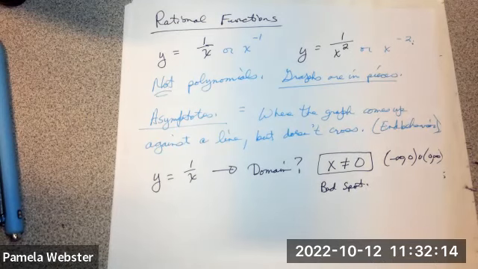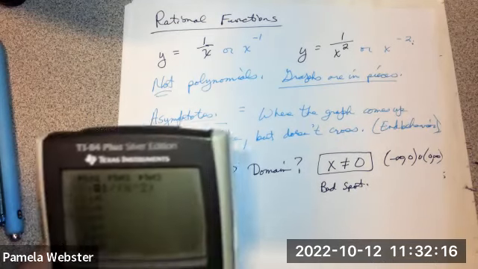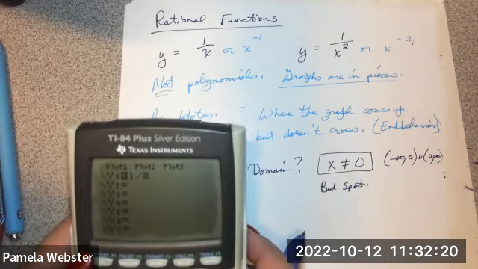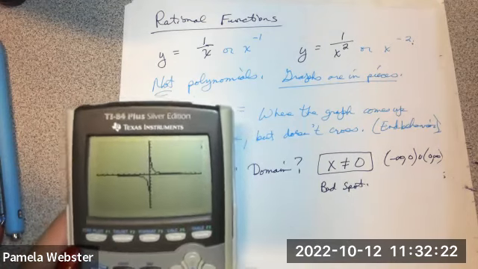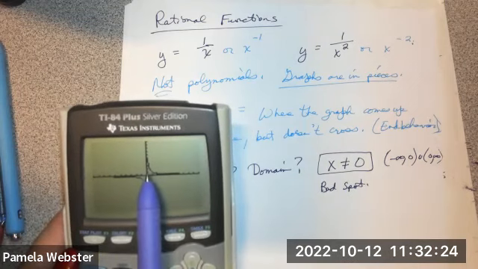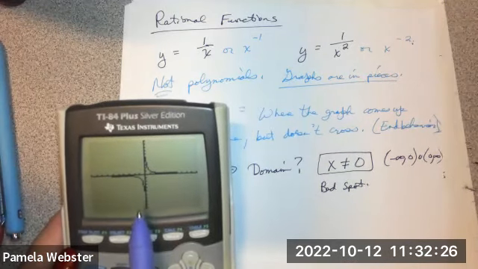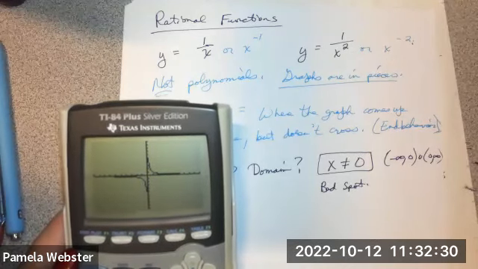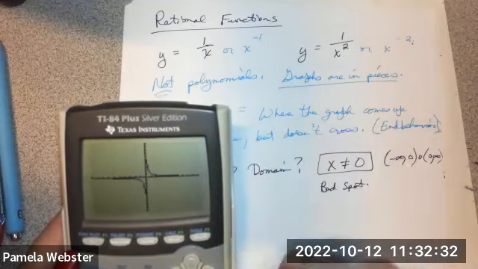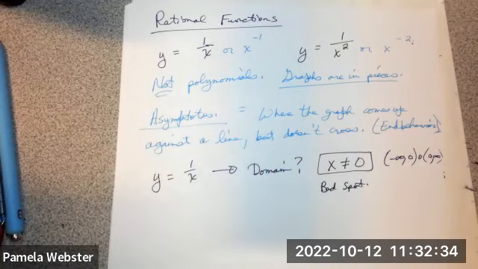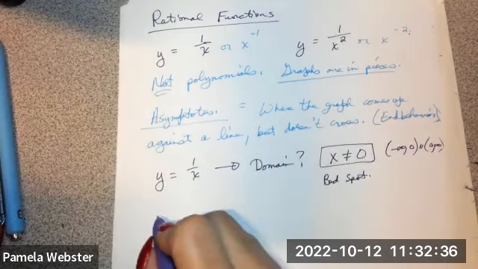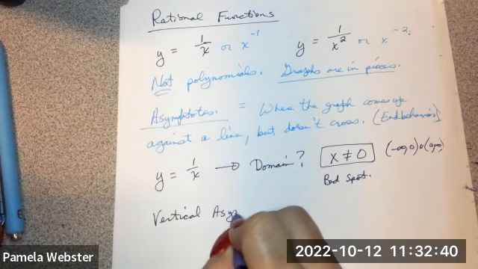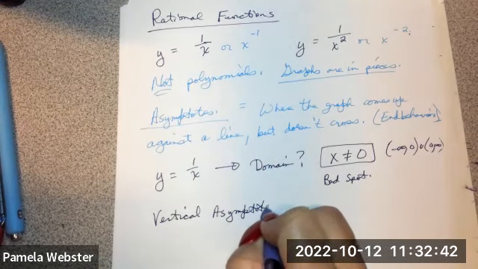So when I look at this graph, let me come back to the one we did earlier, 1 over x, and I say, where's x equals 0? It's right here on the y-axis, right? So there's a bad spot in my domain. It's x equals 0, so that is going to be a vertical asymptote, meaning up and down.